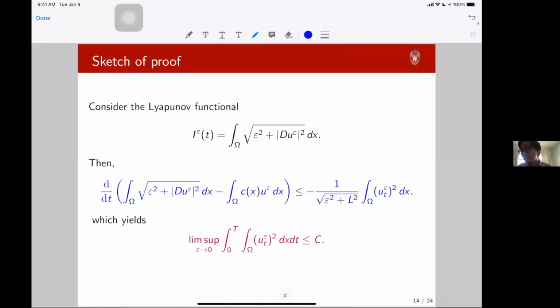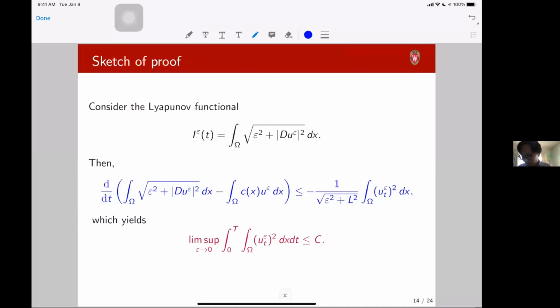The proof of this large time behavior is quite standard, so I just mention it very quickly. It's just by using the Lyapunov function. This already occurs in the 80s in the study of mean curvature flow, and up to now it has been used various number of times.